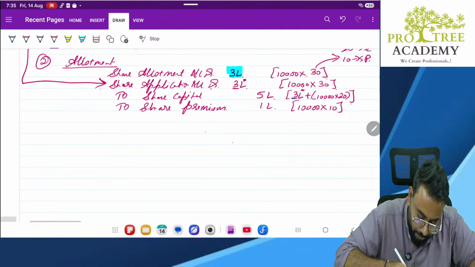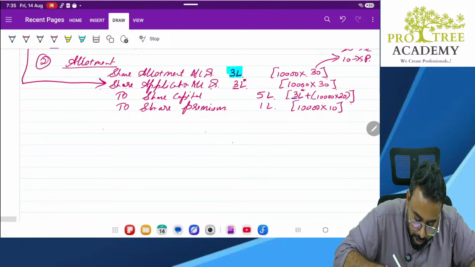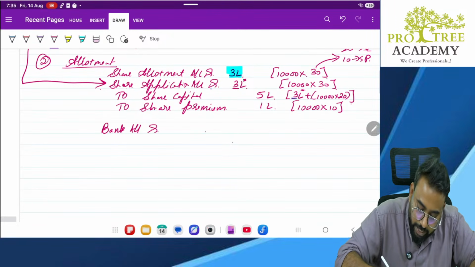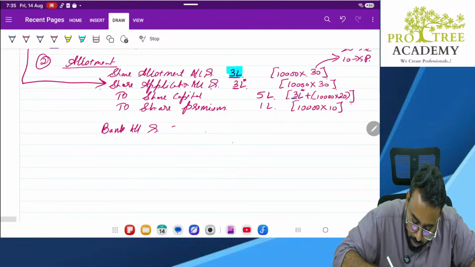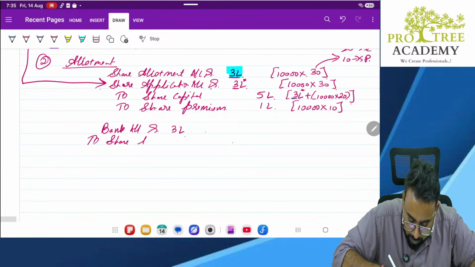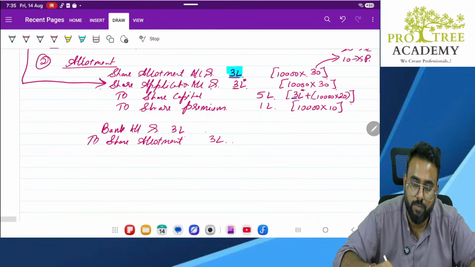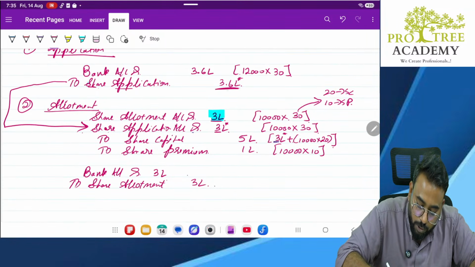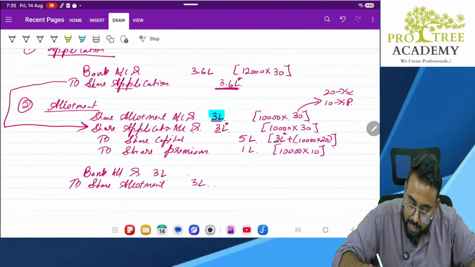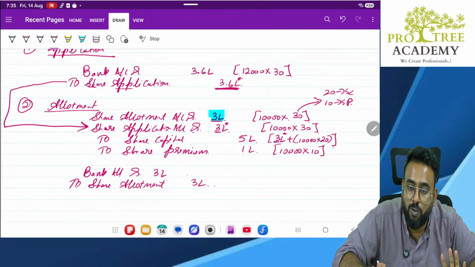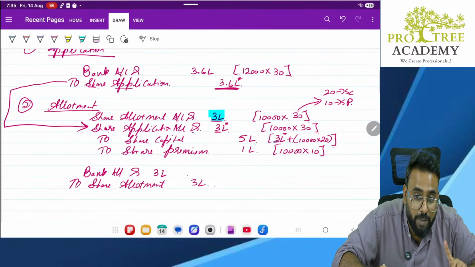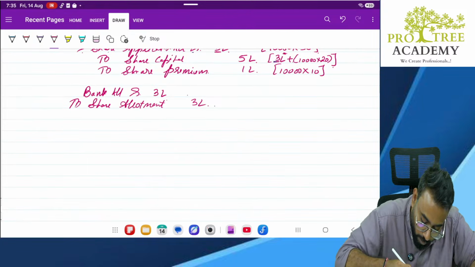No issues. Next, when we receive the money in the bank, bank account debit 3 lakh, to share allotment 3 lakh. Sir, we need to refund also. Out of 3.6 lakh, we are having only 3 lakh worth of shares. Remaining shares will be refunded. Very good. What is the entry?